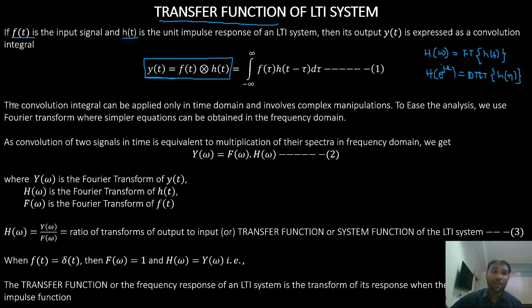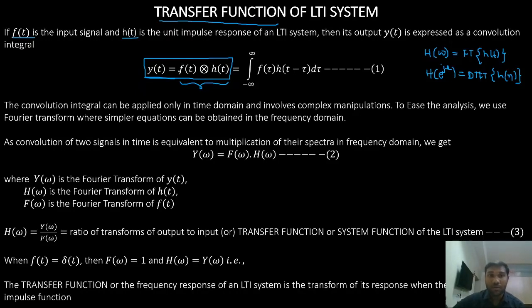Now if I apply Fourier transform on both sides, what will happen? The Fourier transform of y of t is y of omega, and this is the convolution in time domain. What is the convolution property of Fourier transform? Convolution in time domain is equivalent to multiplication in Fourier domain.